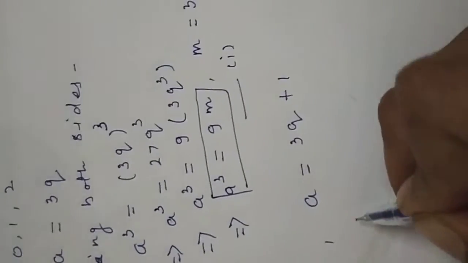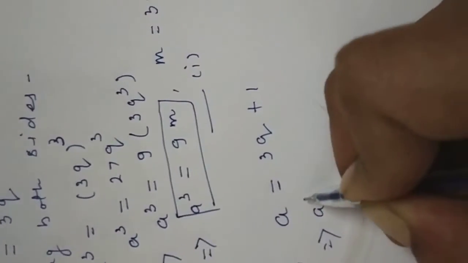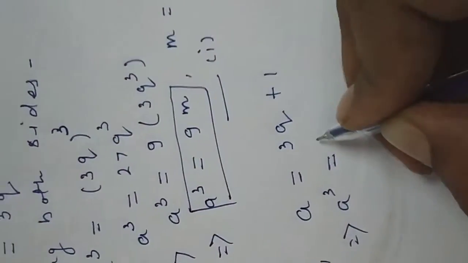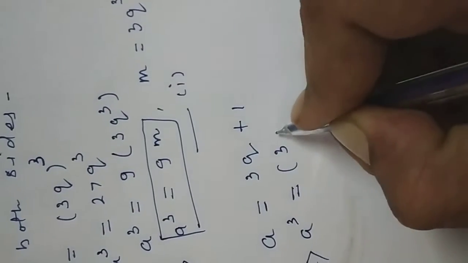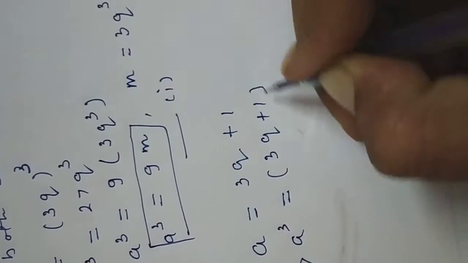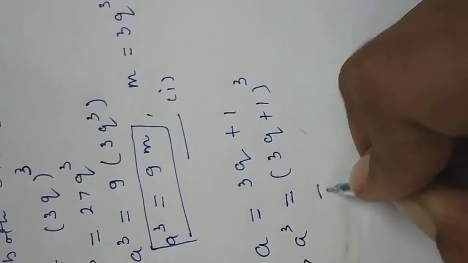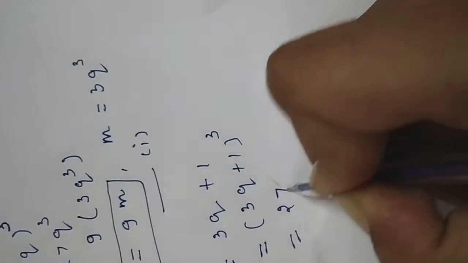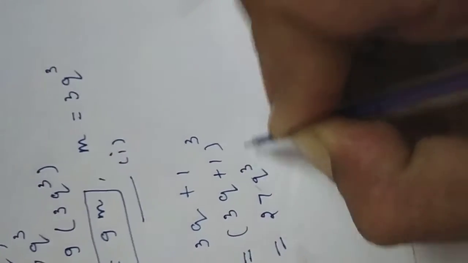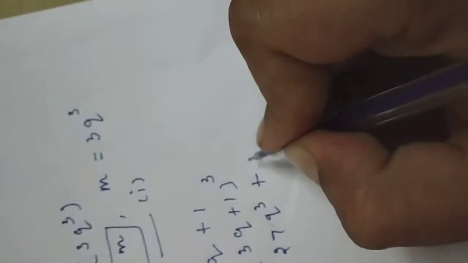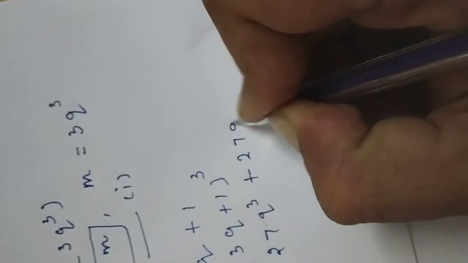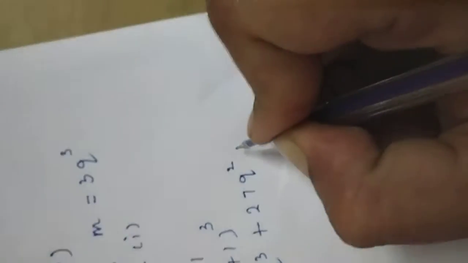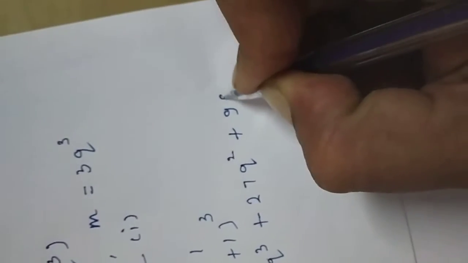Again, we are going to cube both sides. a cube is equal to 3q plus 1 whole cube. Open it: 27q cube plus 27q square plus 9q plus 1.